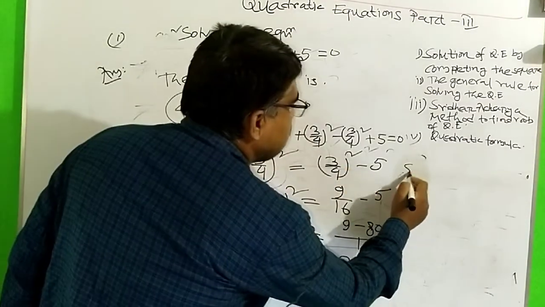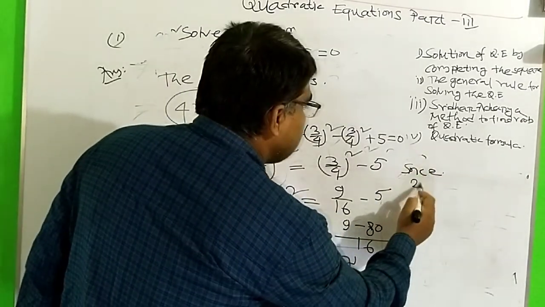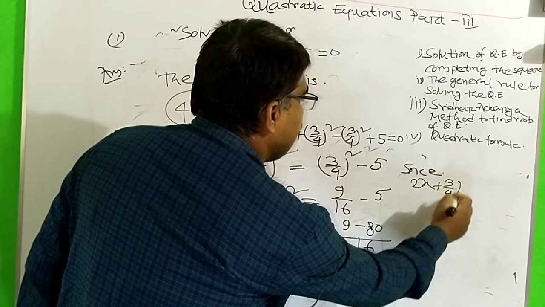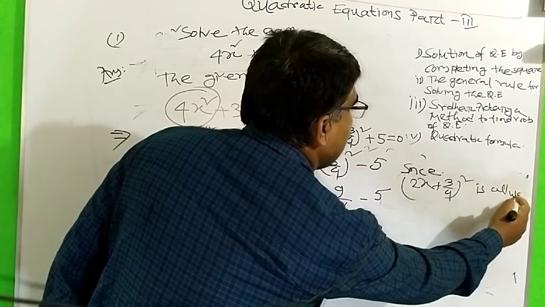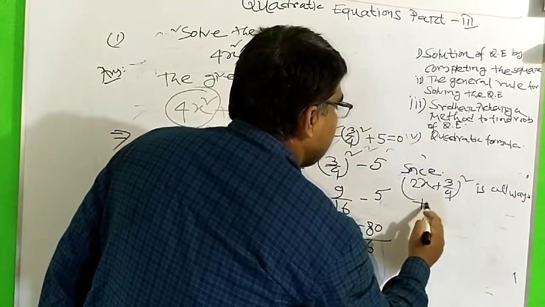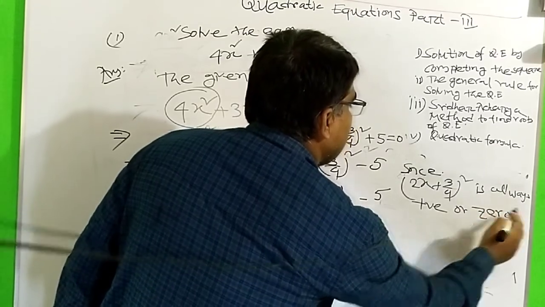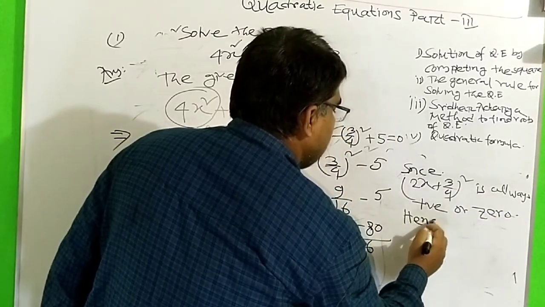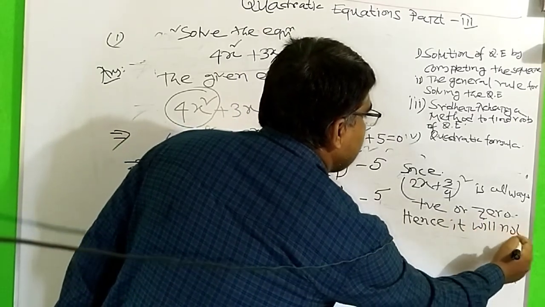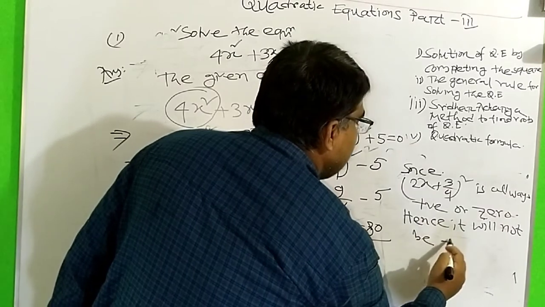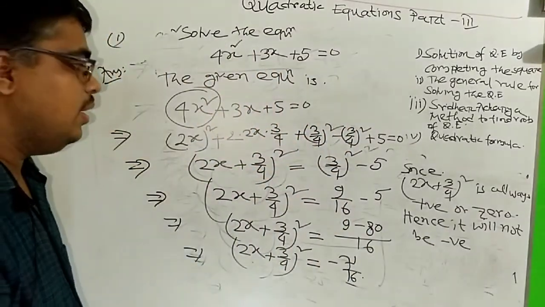Since 2x plus 3 by 4 whole square is always positive or 0, hence it will not be negative.